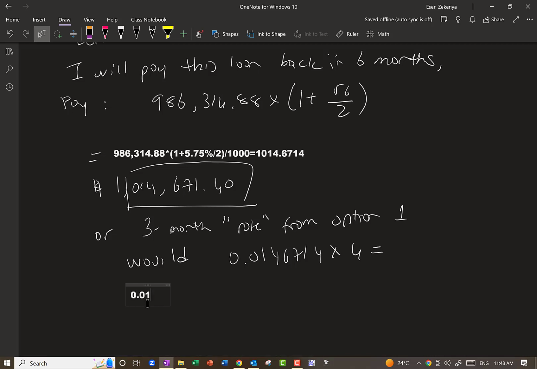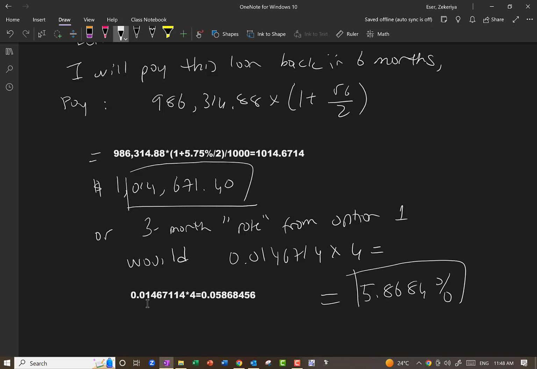So 5.8684%. So per $1 that I need 3 months from now, the appropriate interest rate for the second 3 months is 5.8684% if I do it using option one.